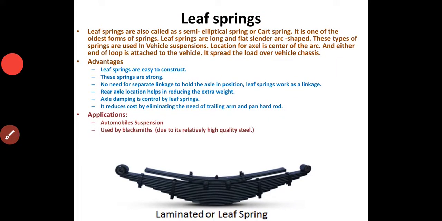This is the leaf spring, very widely used in the automobile industry for the suspension system. Leaf springs are also called semi-elliptical springs or cart springs. It is one of the oldest forms of spring. Leaf springs are long, flat, slender and arc-shaped.